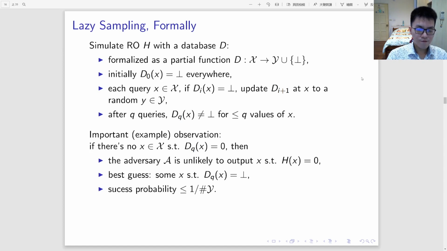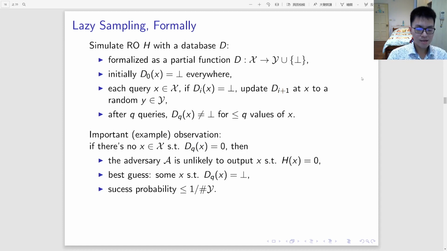An important observation for this example problem, the zero-preimage finding problem, is that if there is no zero within the database D_q, where q means the number of queries, then the adversary is unlikely to output one such zero preimage as well. His best guess is to find some input x that is not recorded within the database.